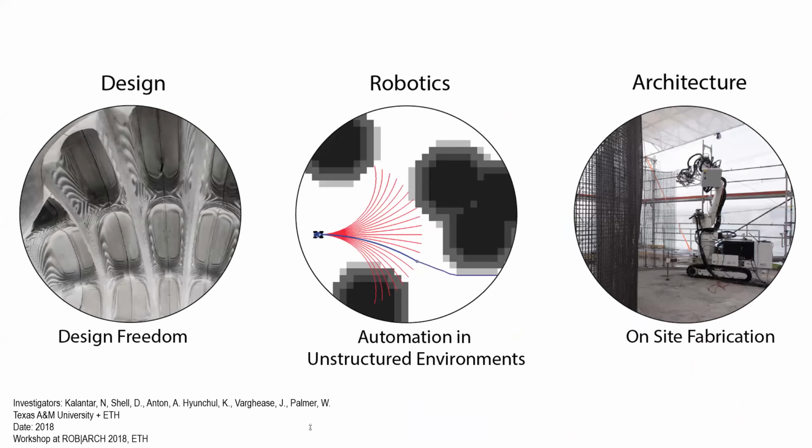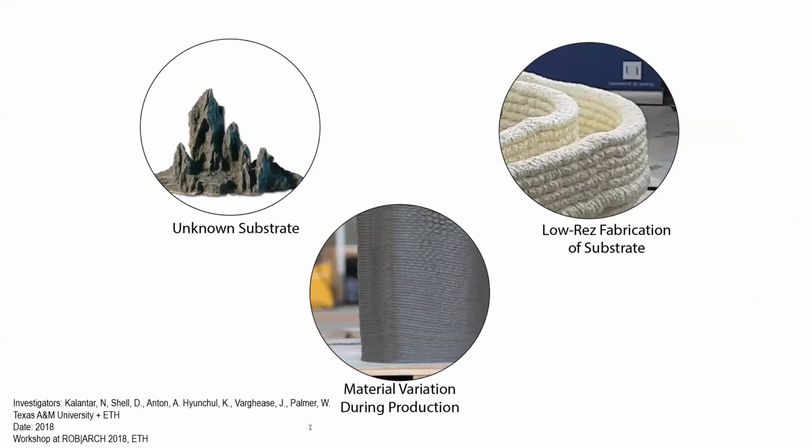The geometry you design is completely perfect, but when you go to on-site fabrication, you're dealing with uncertainty and imperfection. While you're printing clay or cement, the previous layer is not going to be perfect as you imagine. It can shrink, it can crack, or the previous layer could have a defect that is going to expose itself in the next layer. So how can we deal with that?